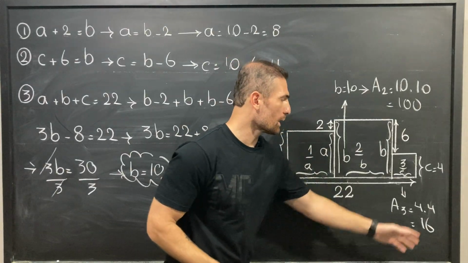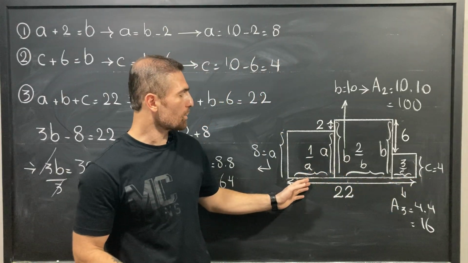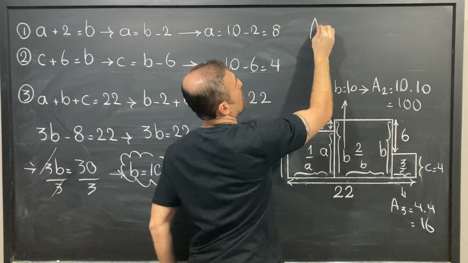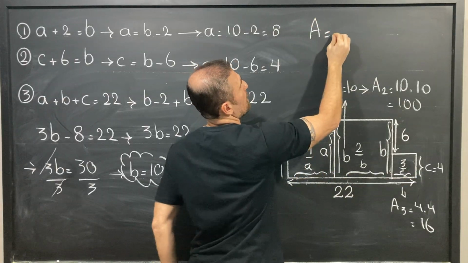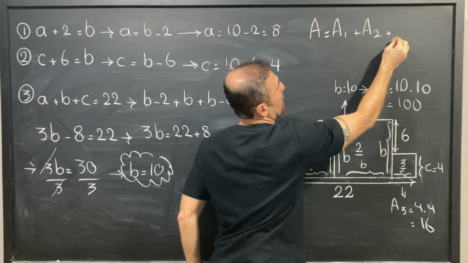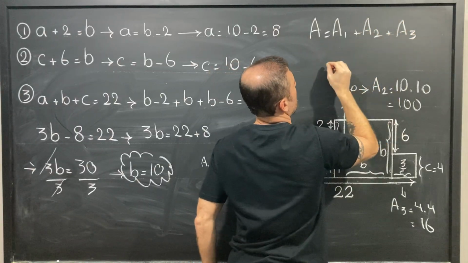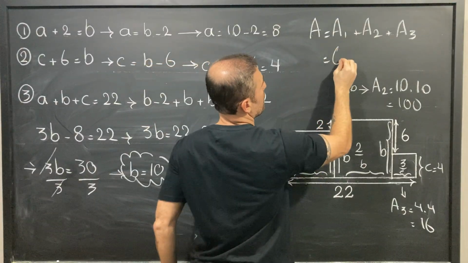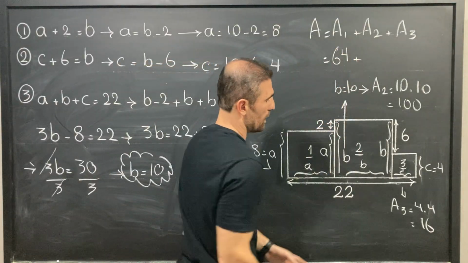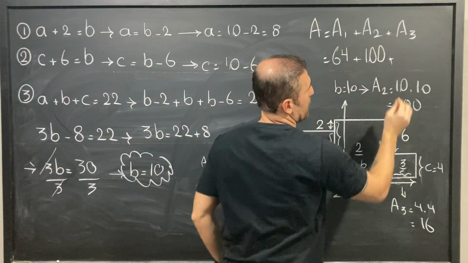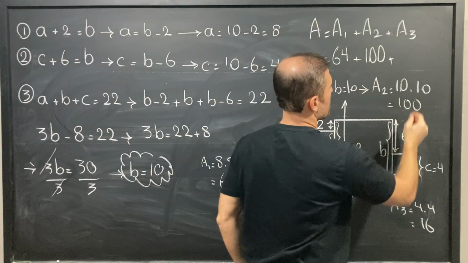As you know, to find out the area of this shape, we simply add the A1, A2, and A3. So A is going to be A1 plus A2 plus A3. A1 is 64 plus A2 is 100 plus A3 is 16.